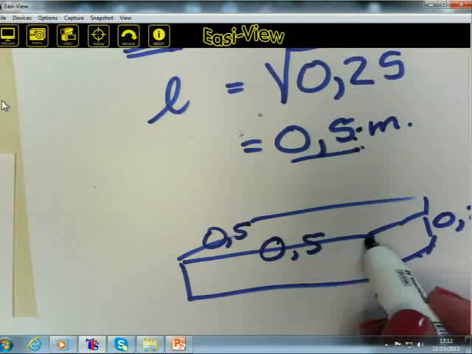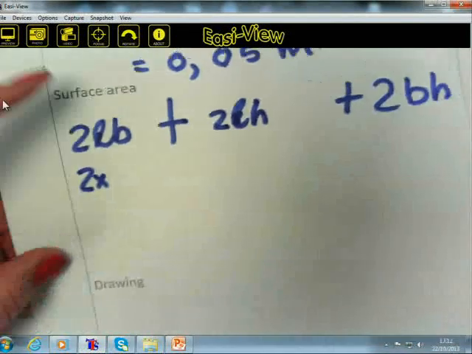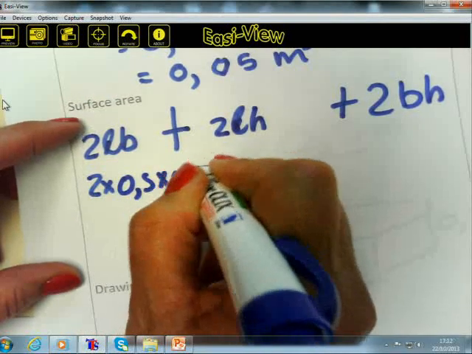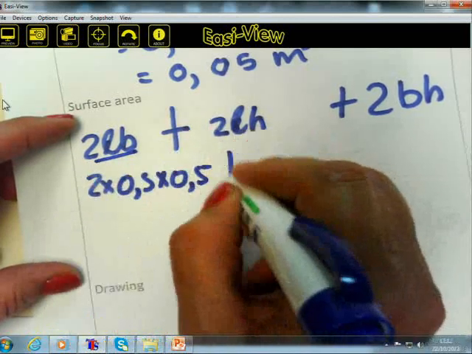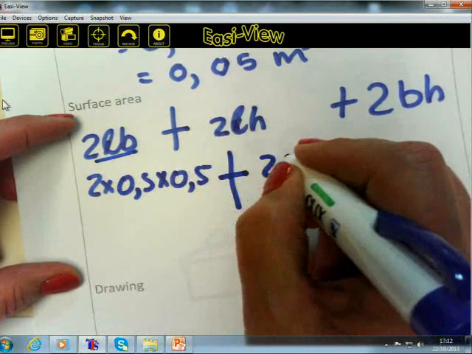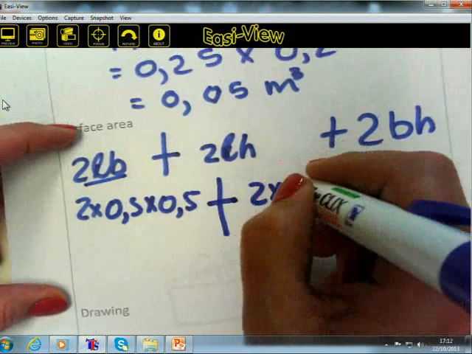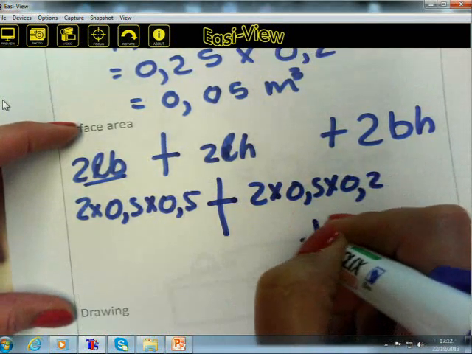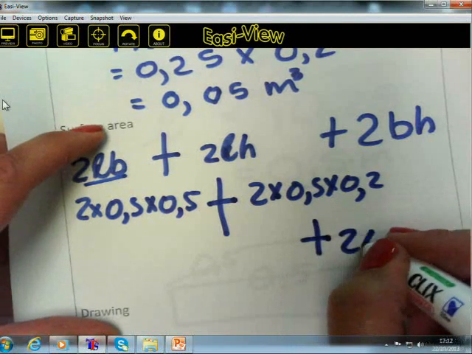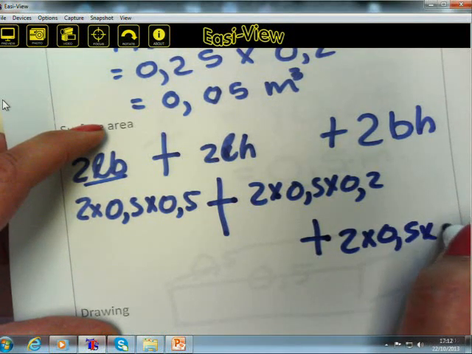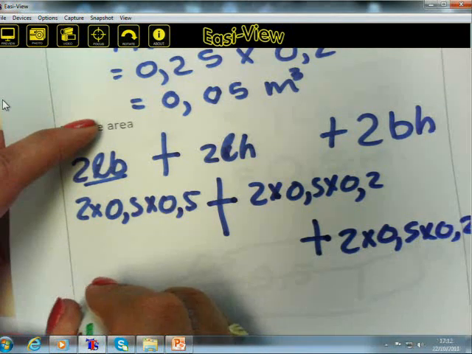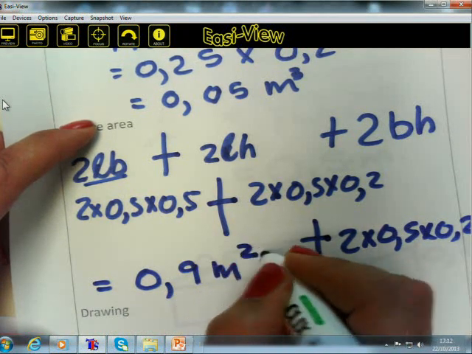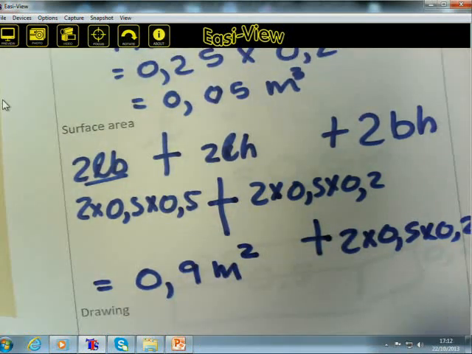It was 0.5, 0.5. So it will be 0.5 times 0.5. They are kissing. Plus 2 times 0.5 times 0.2 plus 2 times 0.5 times 0.2, and the answer there is 0.9 meters to the power of 2, because it is surface area.